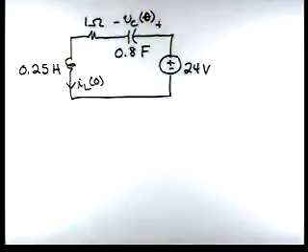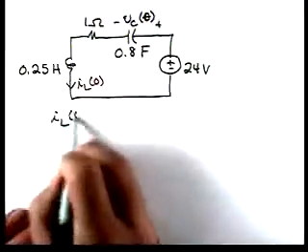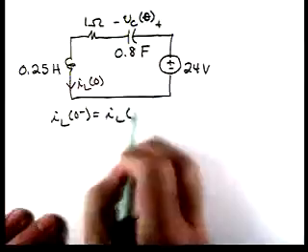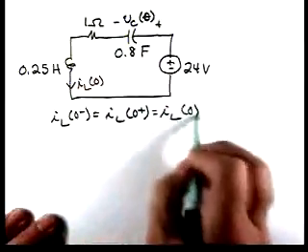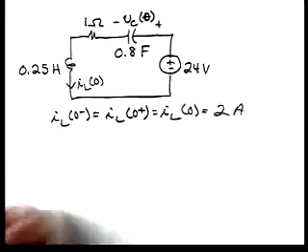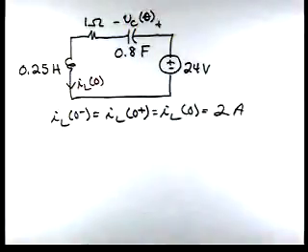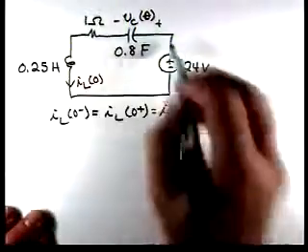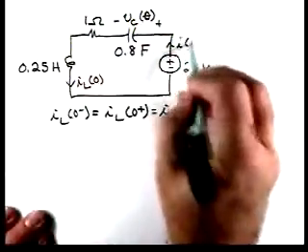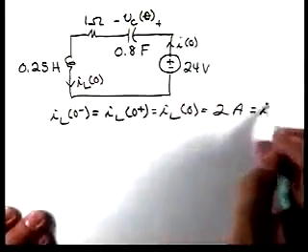And we know that IL of 0 minus equals IL of 0 plus equals IL of 0, and that's equal to 2 amps. And then we note that this is also I of 0.